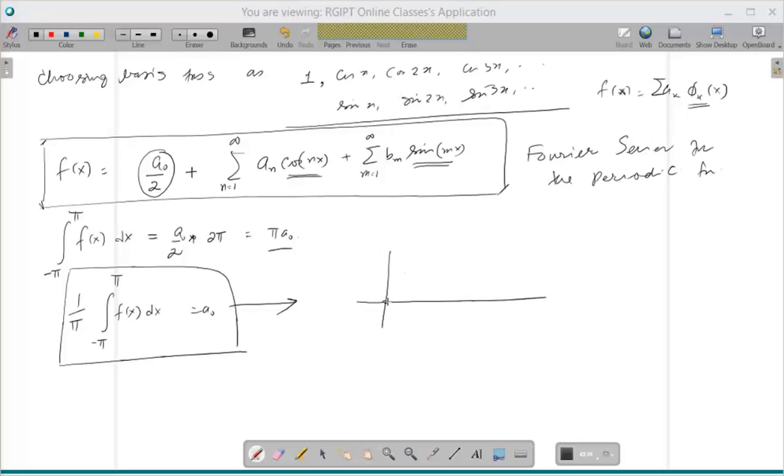So cos mx and cos nx will have this kind of form. They will swing equal amounts this way and this way, and so on. Let's say this is 2 pi. What I'm showing is basically sine 3x.